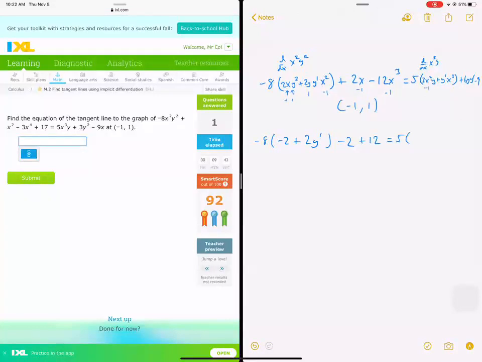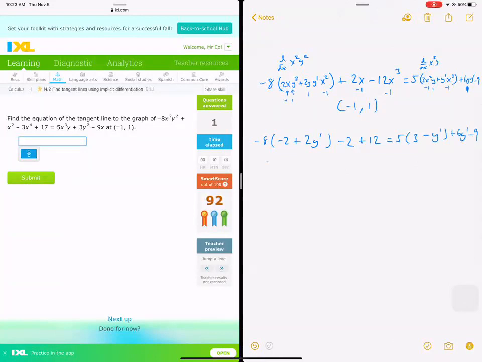This is a -1, 1, and -1. That becomes a positive 1, that's just 3, plus, oh, that's going to be a minus y prime. And this is 1 and 1. That's going to be, no, that's going to be just 1, I'm sorry. So it'll be plus 6 y prime minus 9.